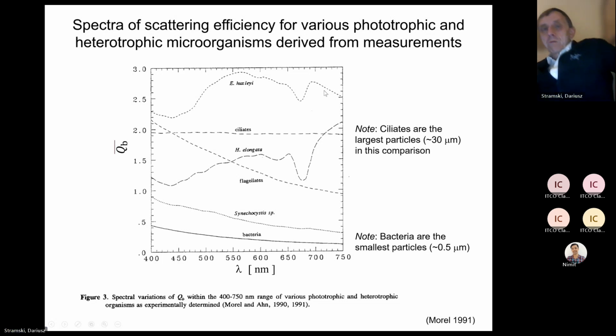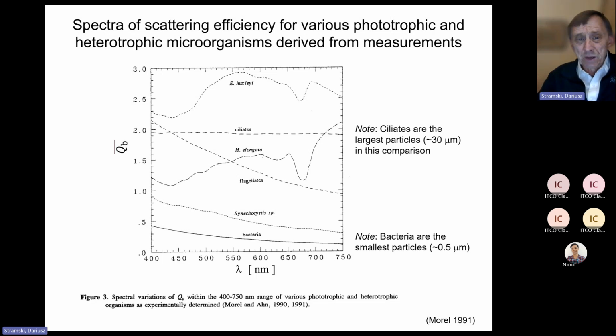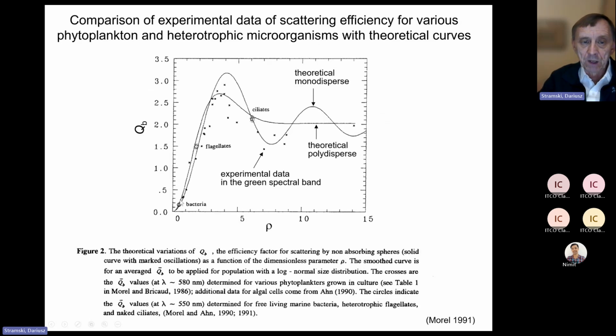So when you look at these spectra, you may ask yourself the question, why do these spectra look like this for scattering? It is actually quite powerful to go back to our theoretical considerations and attempt to explain what we see here in this experimental data. So bacteria, let's move back here. Bacteria are small particles, so the rho will be small.